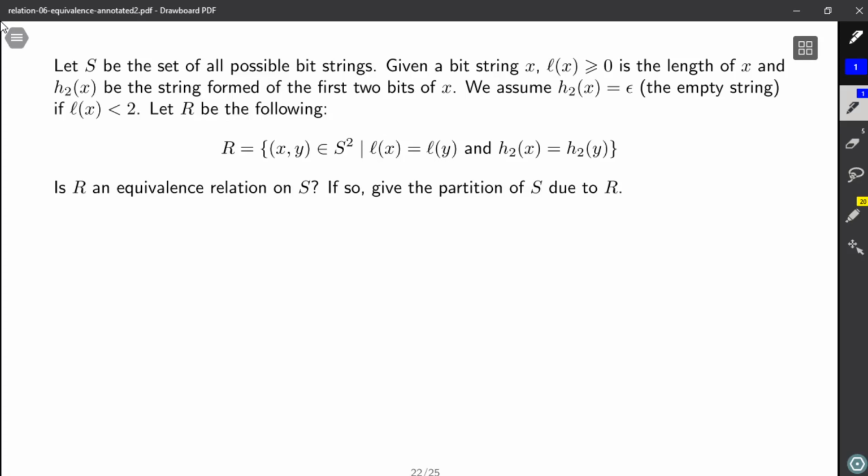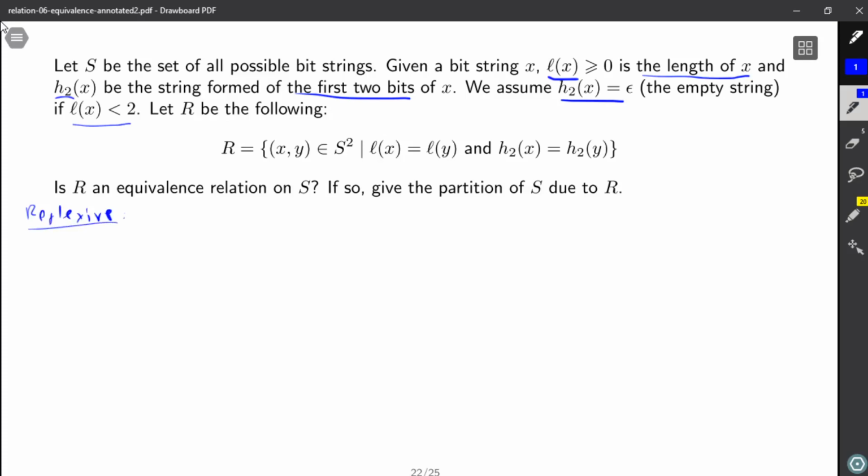But note here that L(x) is the length of x, so the number of characters or symbols or the number of bits in x, and h2(x) is the first two bits, the string form of the first two bits of x, with the exception where we define h2(x) to be the empty string if the length of x is less than 2. So it's reflexive.